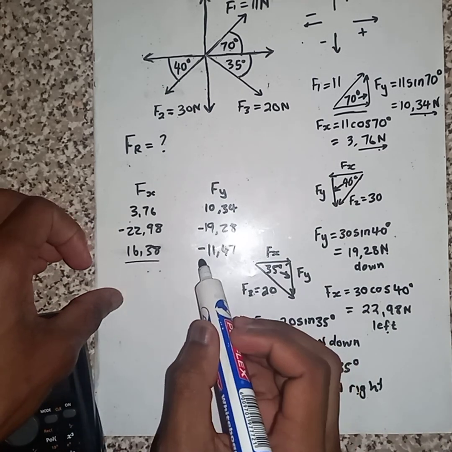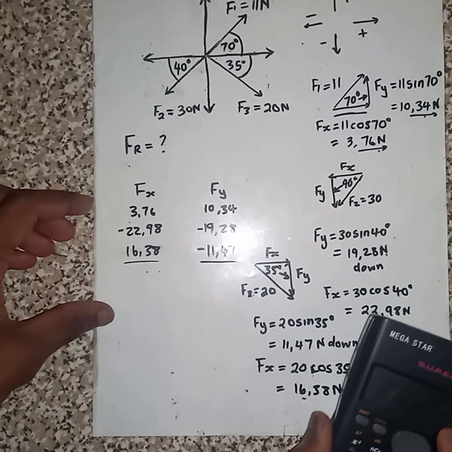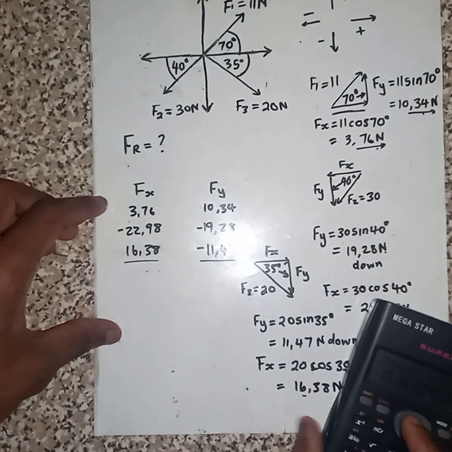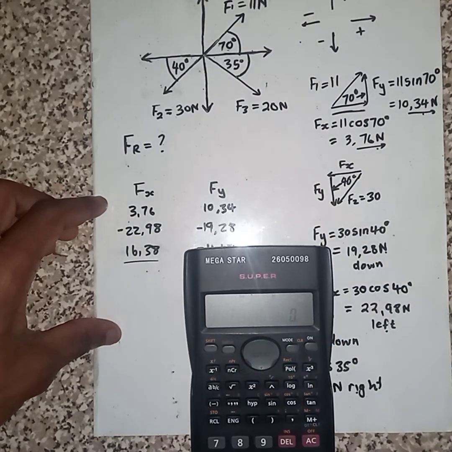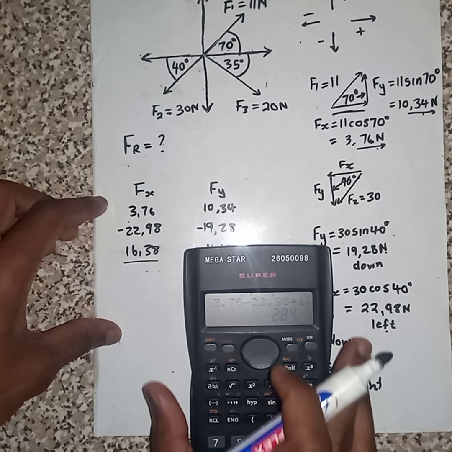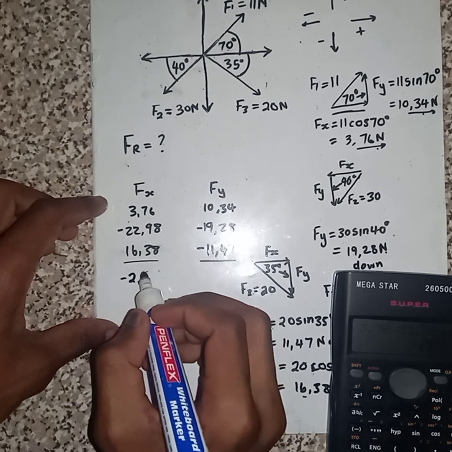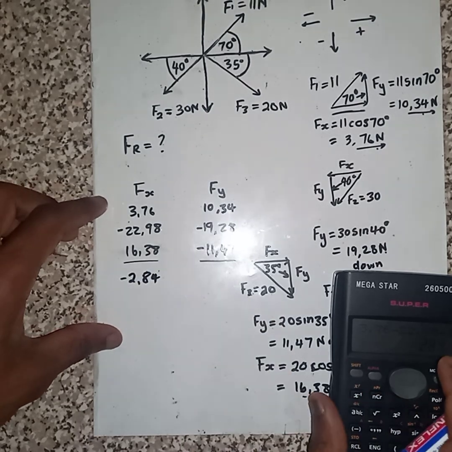Immediately after doing this, now we are going to find the total of fx. We add everything by saying 3,76 minus 22,98 plus 16,38. We are going to get negative 2,84.